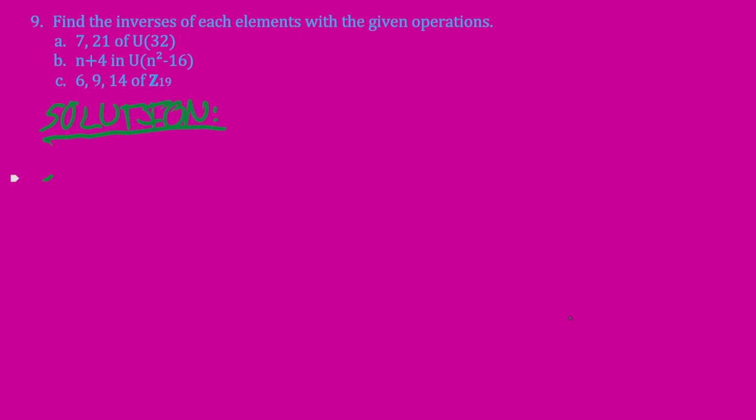So we have U of 32, and I'm just going to write out what that set is to make this a little bit easier, because it's just all of the numbers in the set.